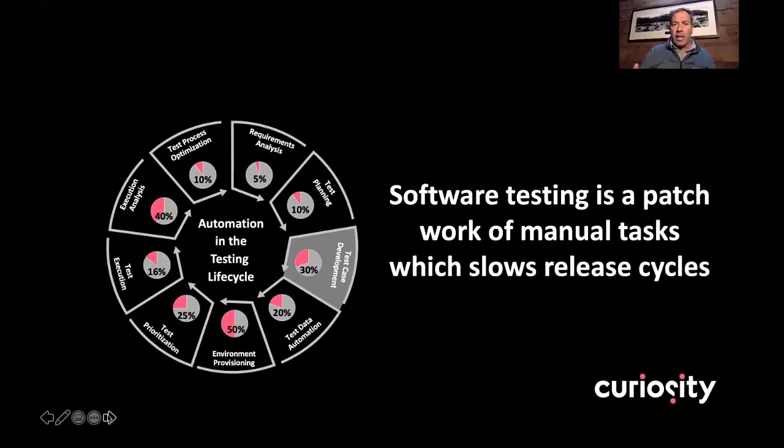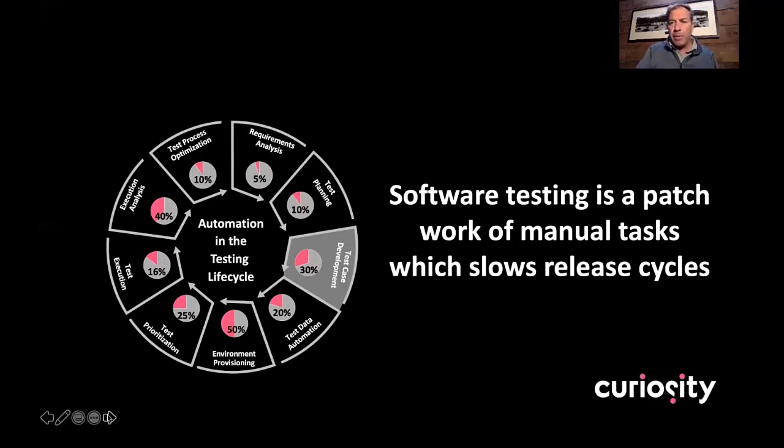If you look across the life cycle in terms of requirements analysis, test planning, test case development, test automation, test data automation, provisioning, test prioritization, and so on, you'll find the level of automation varies from task to task. But as a whole, we haven't necessarily automated the task of software testing.